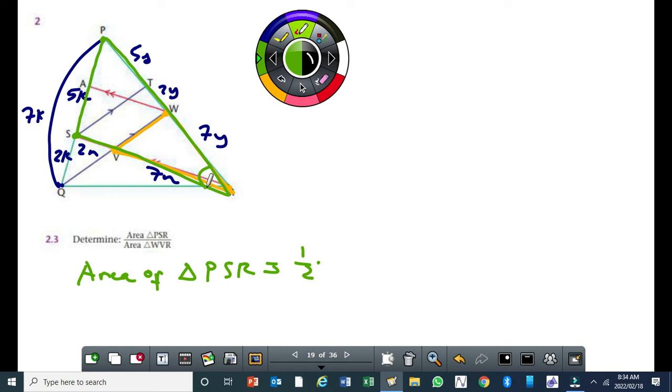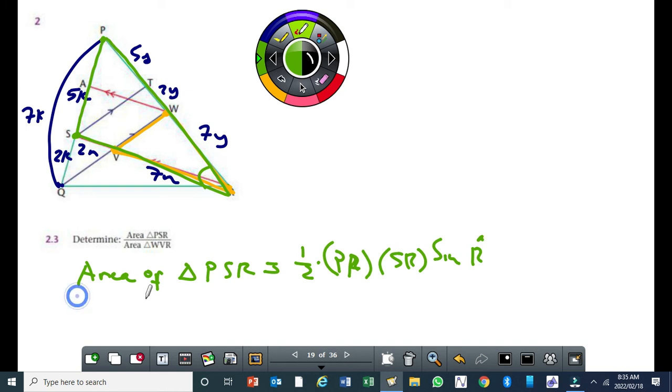Angle R. So it means that I can write the area as PR times SR times sine R. That's the area rule. So I want to calculate the area of PSR based on the information on the diagram. That's how I would carry on.